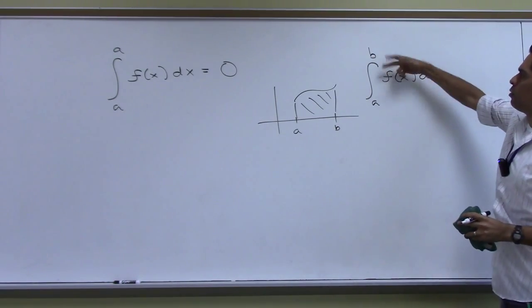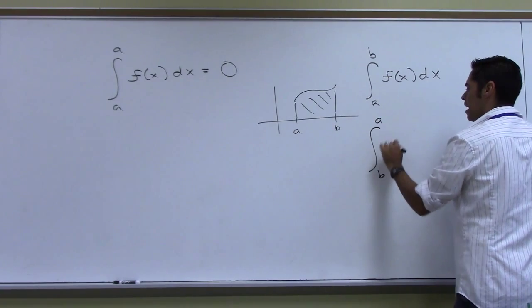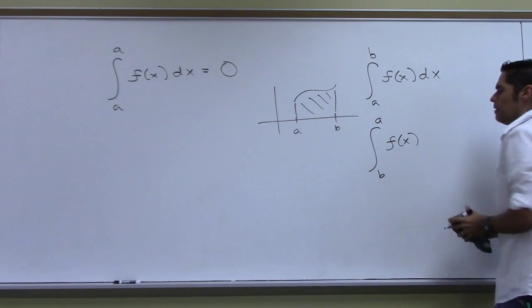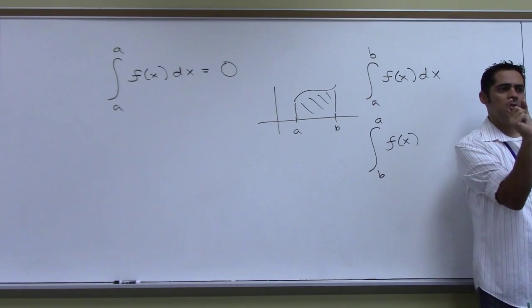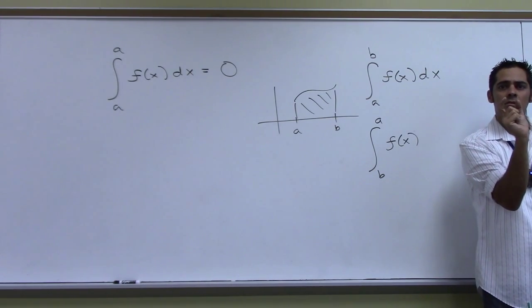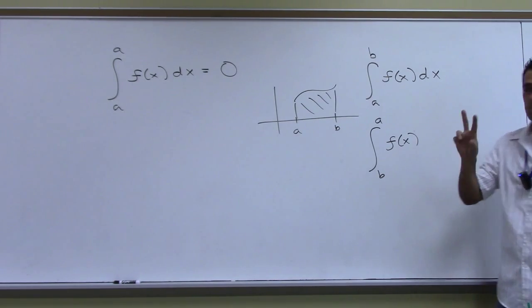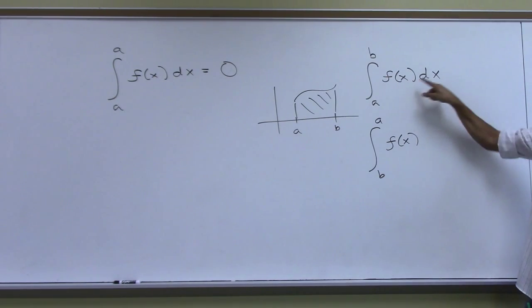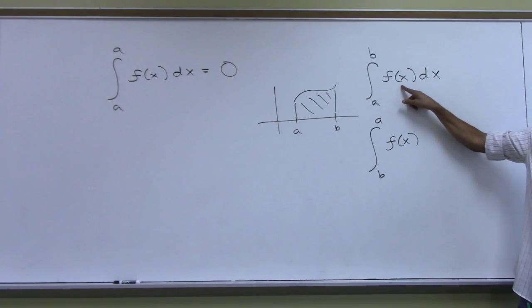If you switch the order and you go b to a instead, then what happens is, remember the differential here was the width of the rectangle? You remember that? I was going to give you a quiz that was going to ask you those two things. What does this represent in the picture? You remember what this represents?